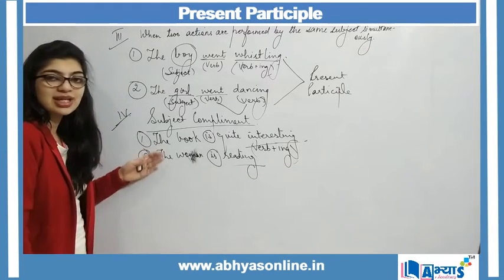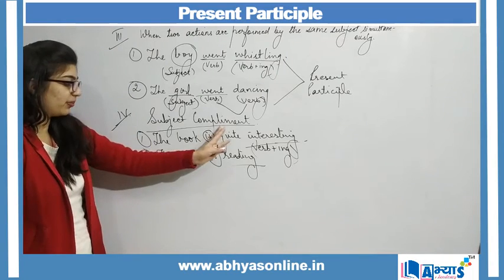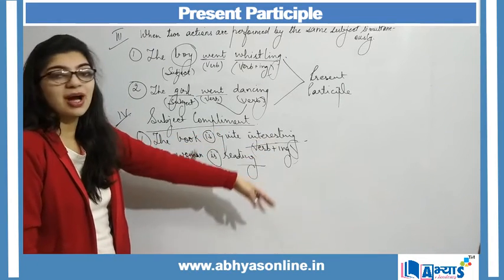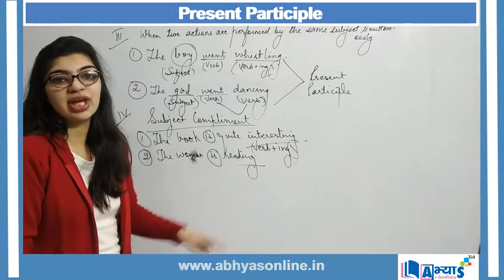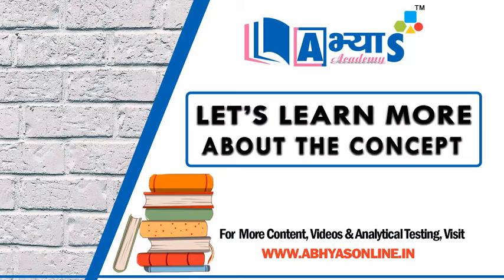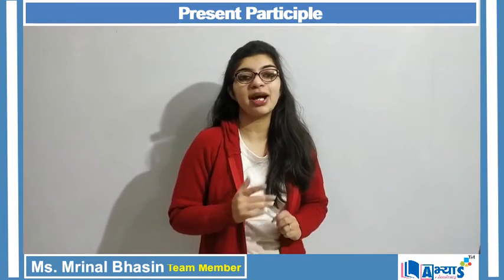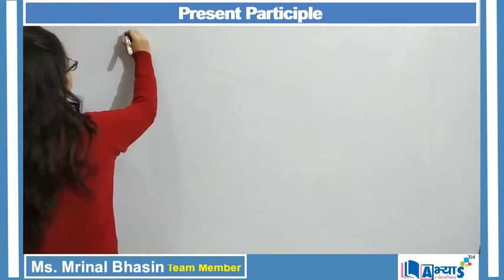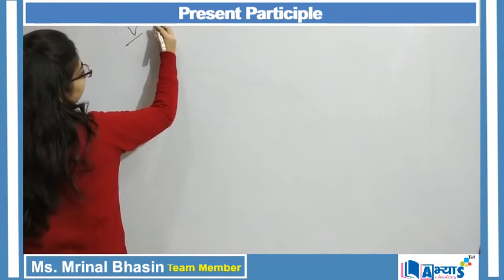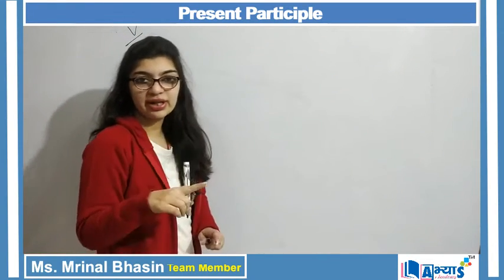So these are the examples of subject complement where present participle acts as a subject complement. Another case where present participle can be used. So this is the fifth point. Earlier we talked about a subject complement.